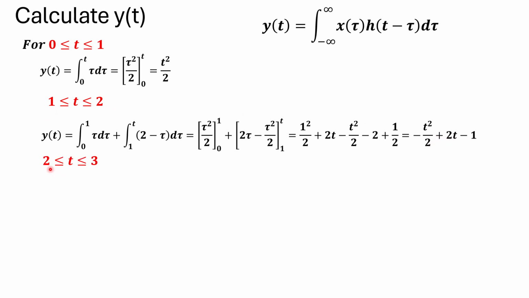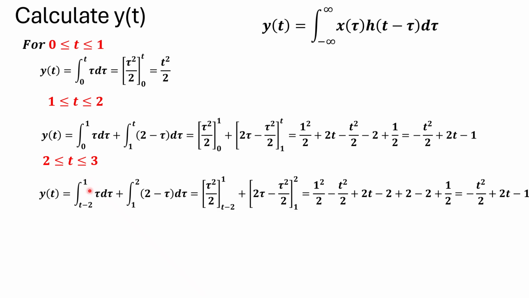And when t ranges from 2 to 3, y of t is equal to the integral from t minus 2 to 1 of tau d tau plus the integral from 1 to 2 of 2 minus tau d tau. When we integrate these terms and substitute the limits, we get minus t square by 2 plus 2t minus 1.